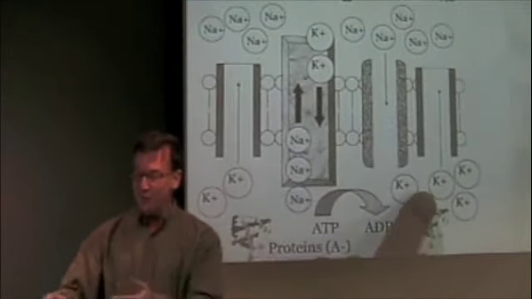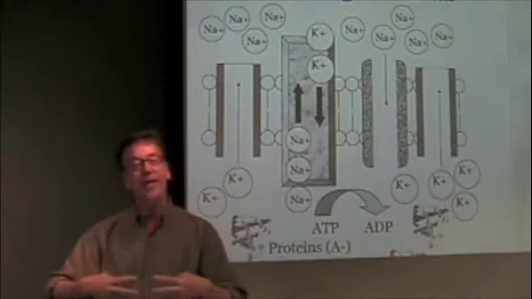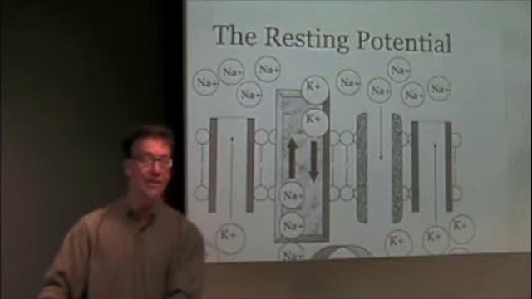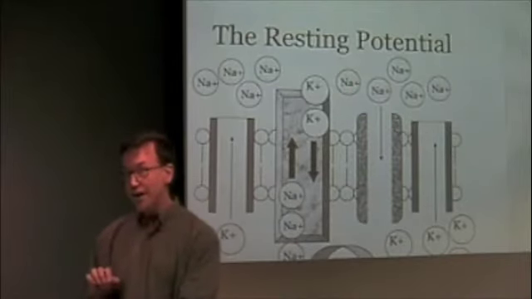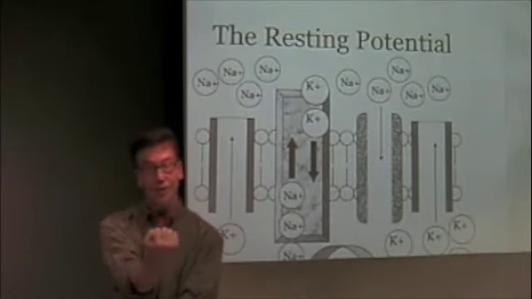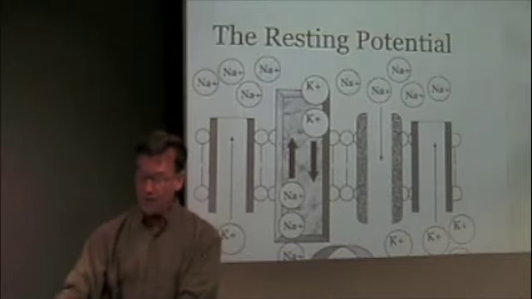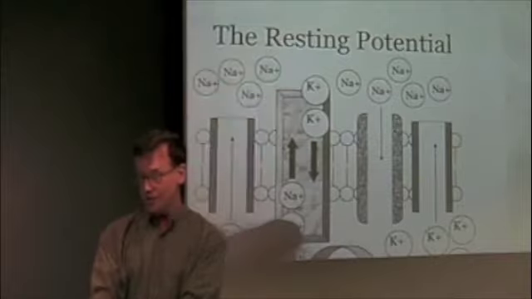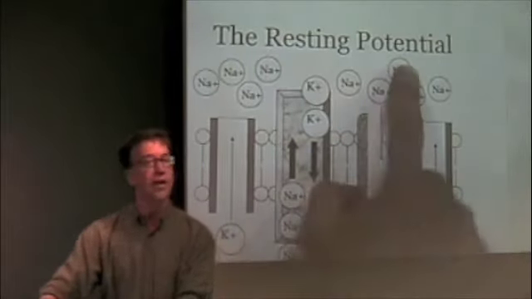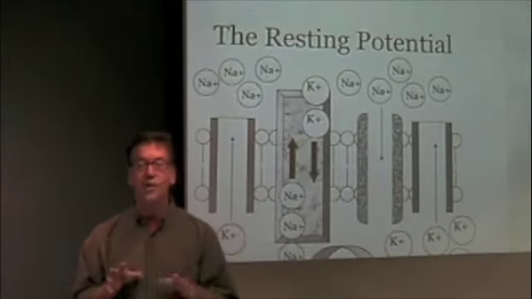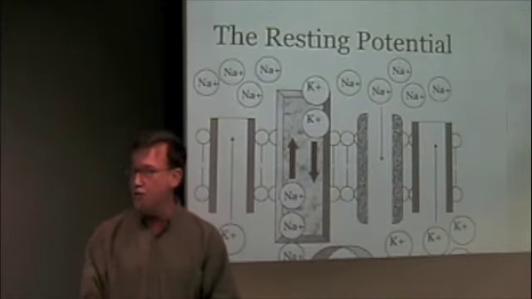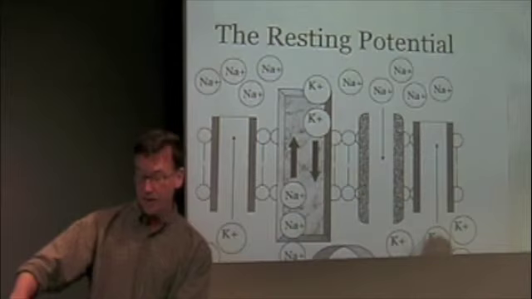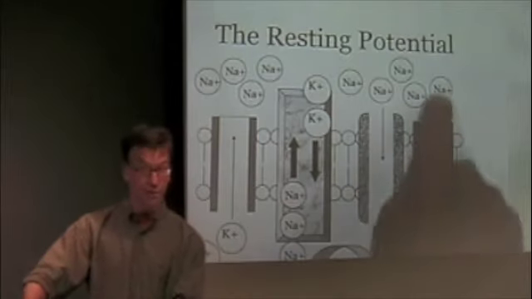So these forces actually compete with each other at the resting potential. The concentration gradient force wants to drive it out, the electrical force wants to keep it in. It turns out that at the specific charge difference that we find in a neuron at rest, the concentration gradient force sort of wins out. It's a little stronger. So the direction of flow for potassium is going to be from inside the cell to out.